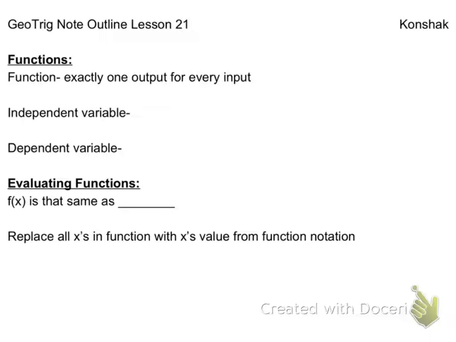Now, functions have variables in them, and we call those independent and dependent variables. You can think back to your science classes on what an independent and dependent variable are. Independent variables are the ones that you control. They're the ones that you change.